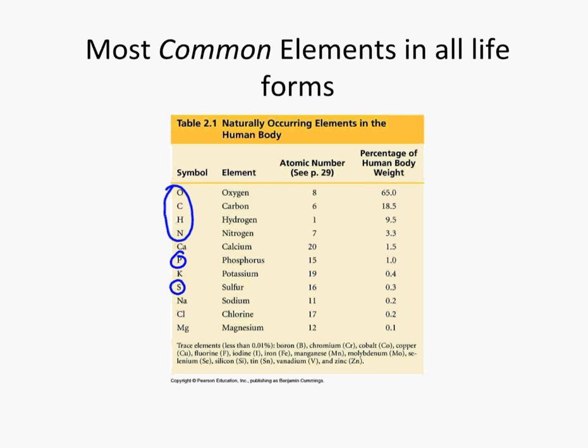These six elements make up this acronym SPONCH. Maybe if you're more daring, the acronym SCHNAPS. Either way, these are the elements that we're going to be dealing with most when it comes to what makes up the macromolecules in your body.